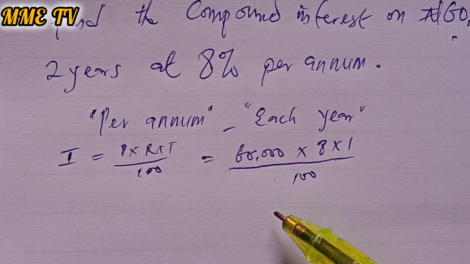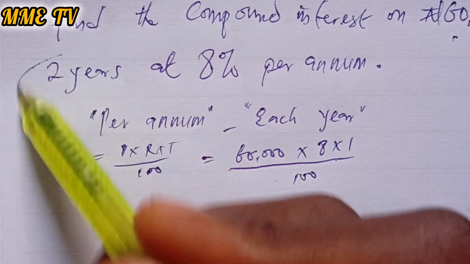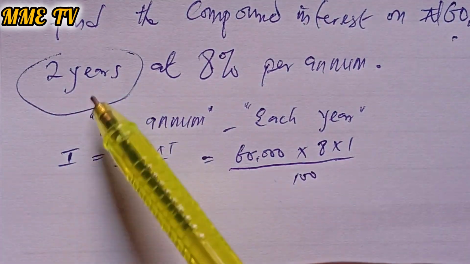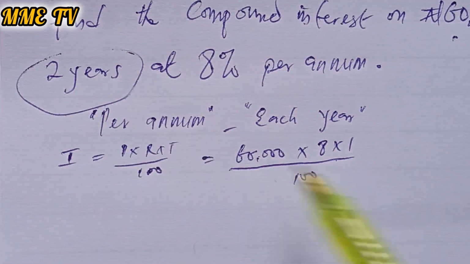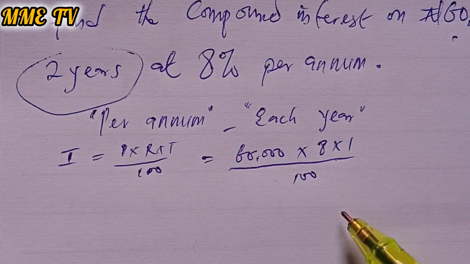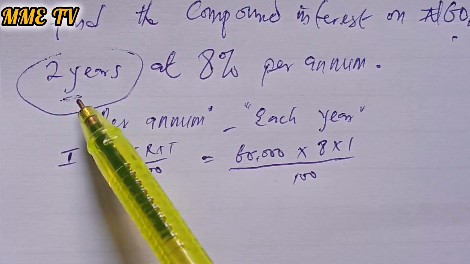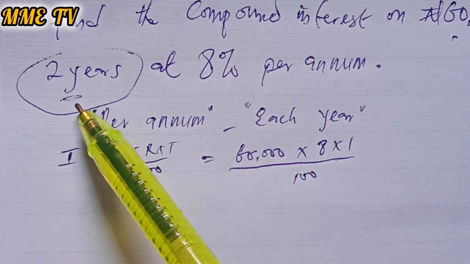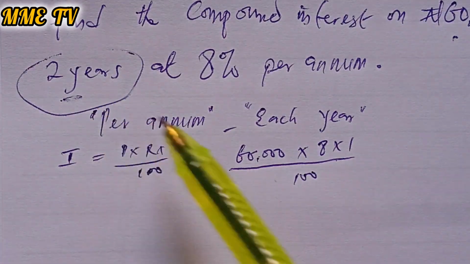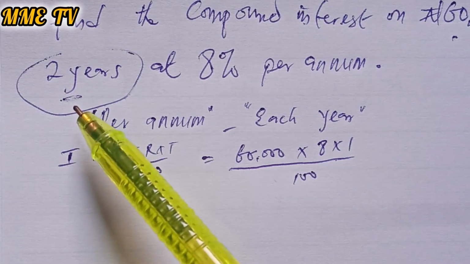But in compound interest, you are going to split the number of years. Just like now I'm having 2 years, you will use the first year, use the second year. But if what I'm given here is 3 years, I'm going to split it into 3 years, meaning that I'll have the first year, the second year, and the third year.